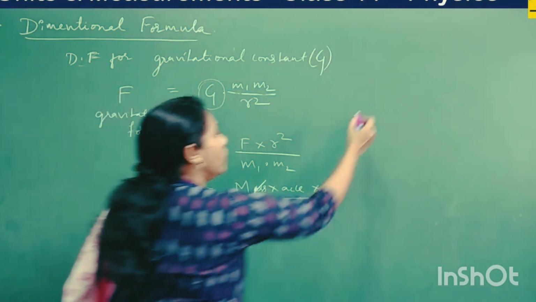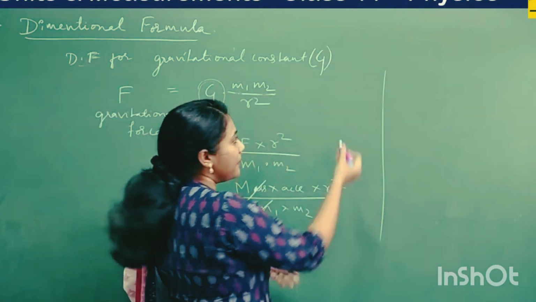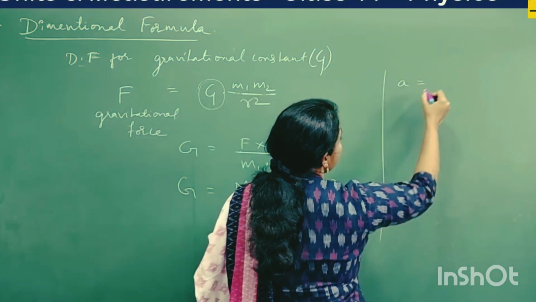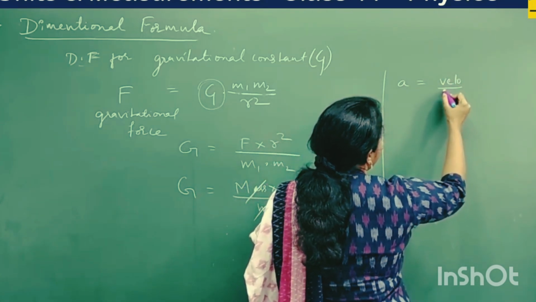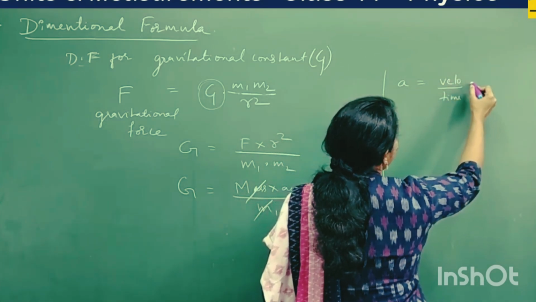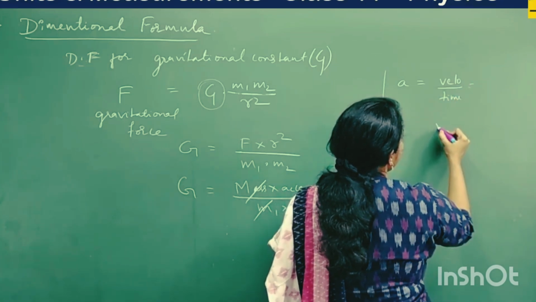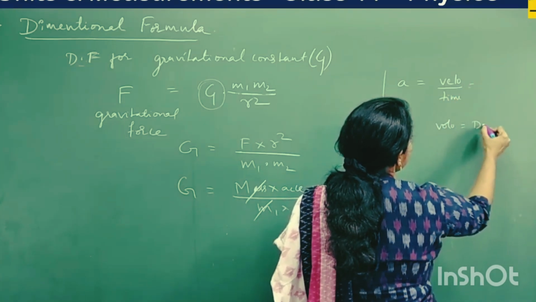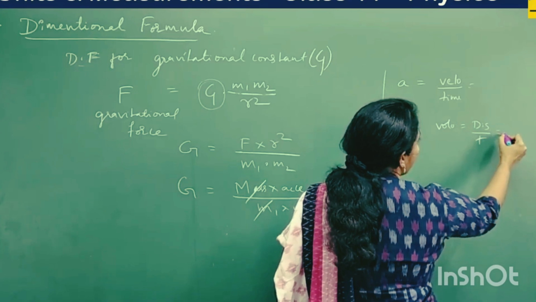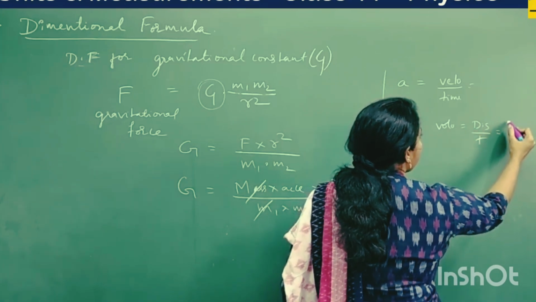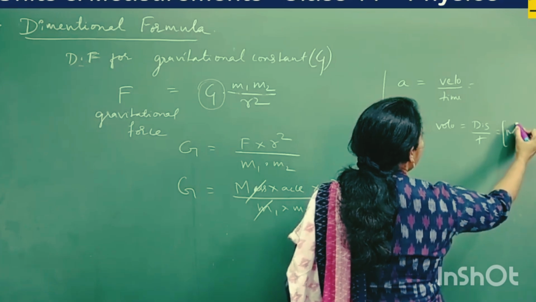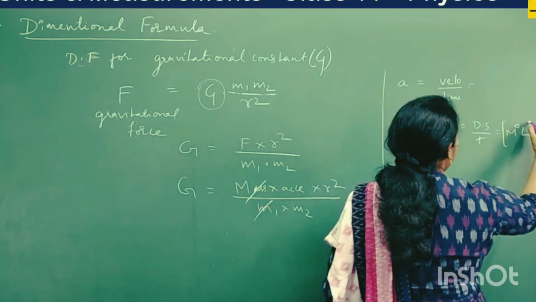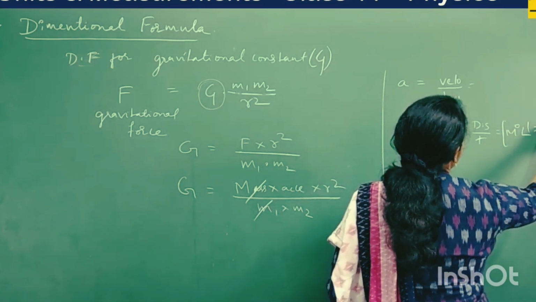We have just studied it. Even if you don't know the dimensions of acceleration, what is acceleration? It is velocity by time. Velocity dimension is what? Velocity is distance by time. So its dimension is M to the power 0, L1, T inverse.